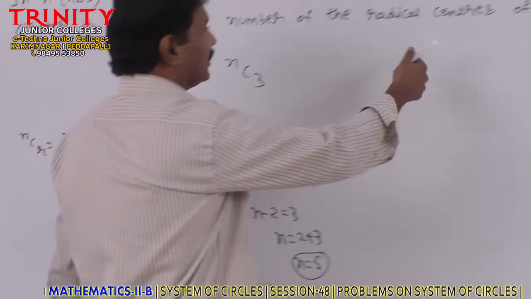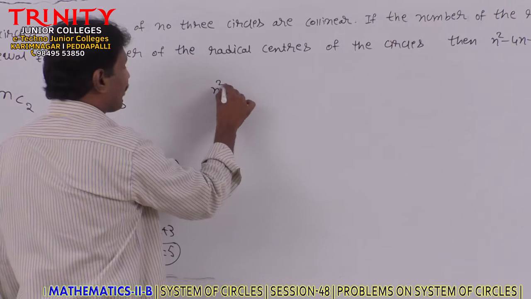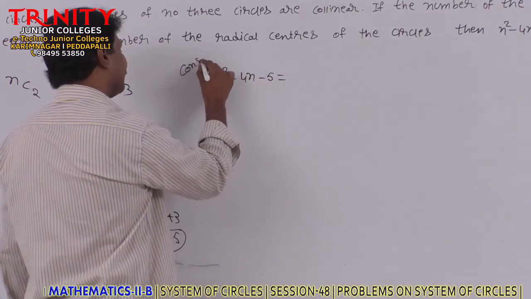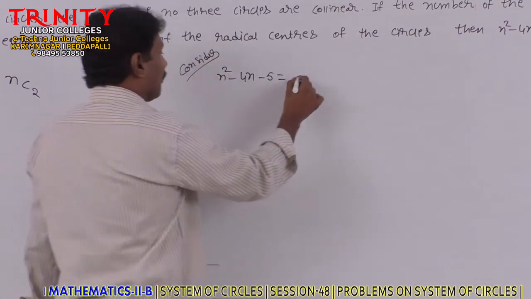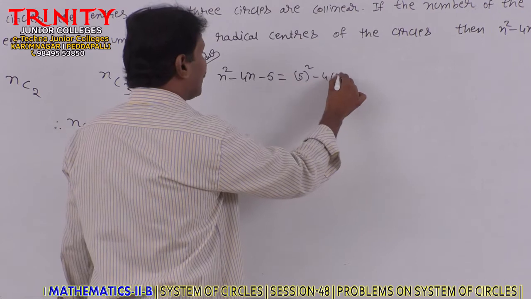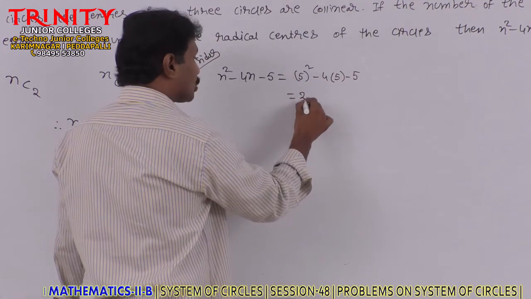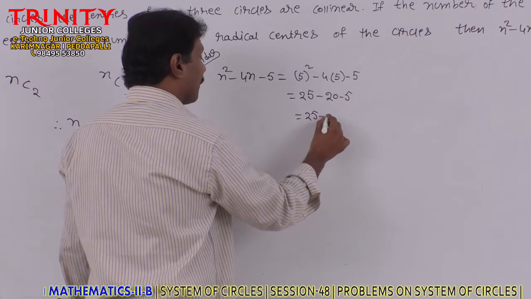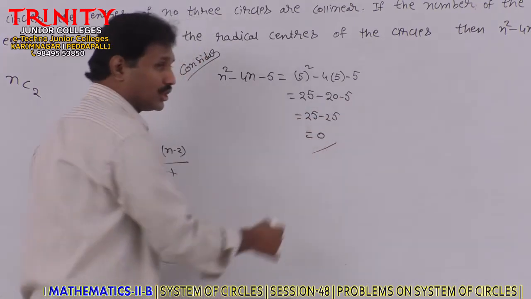We need the value of n square minus 4n minus 5. Consider n equal to 5: 5 square minus 4 into 5 minus 5, that is 25 minus 20 minus 5, that is 25 minus 25, equal to 0.